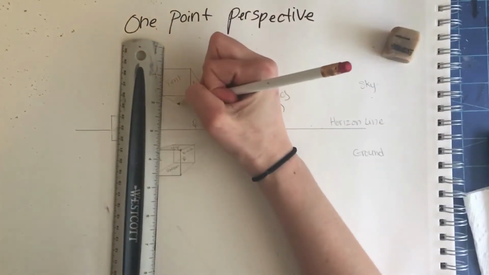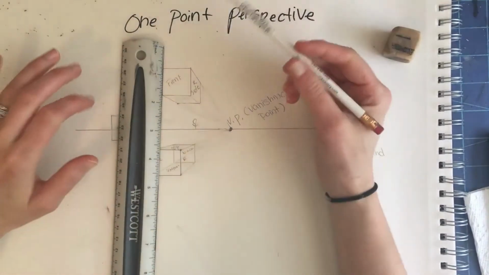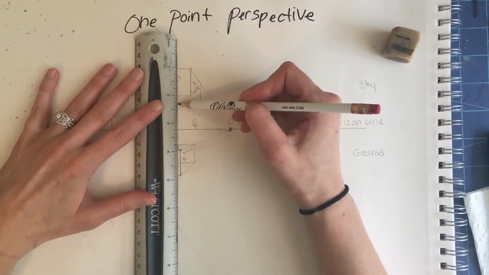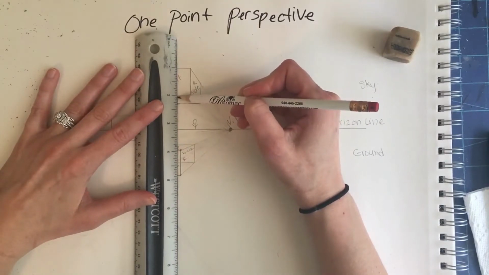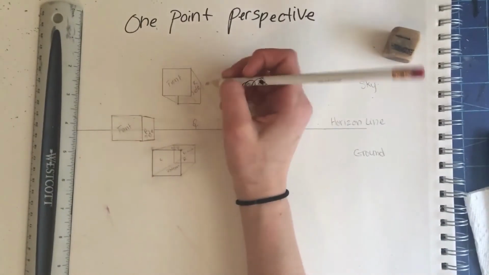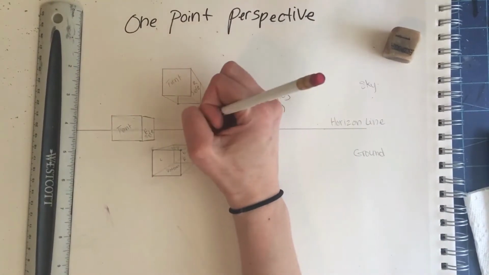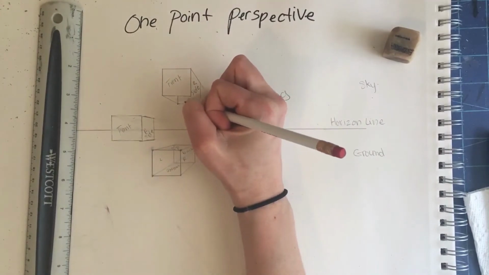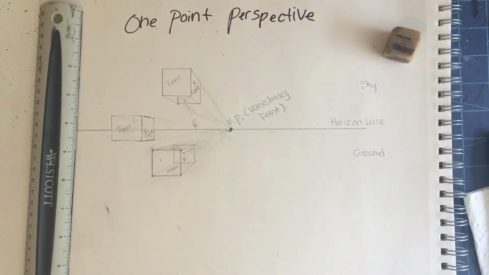So what you're going to do is take this corner and create a vertical line that is parallel to this one, straight up. And now we have an illusion that tells us that this little guy here can see inside this box from the bottom.